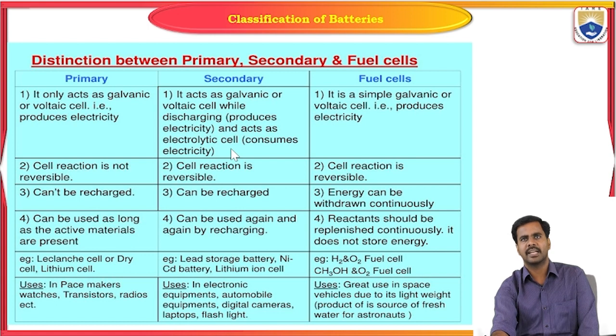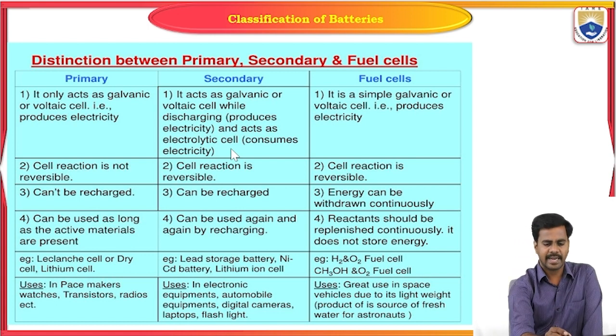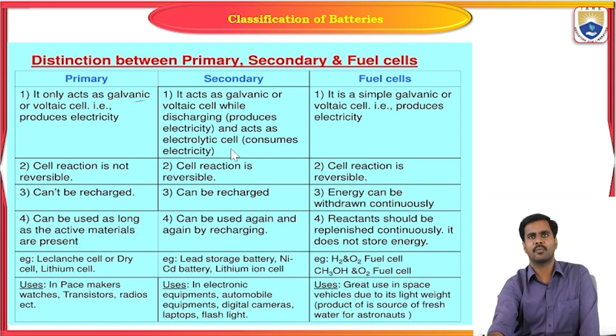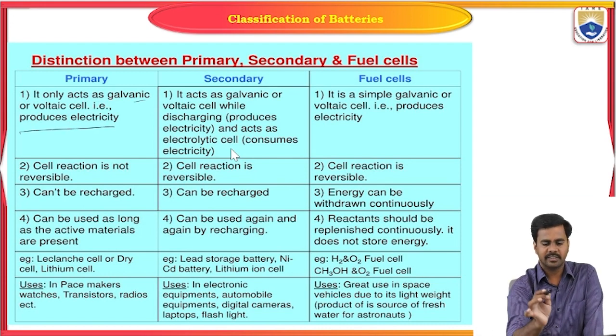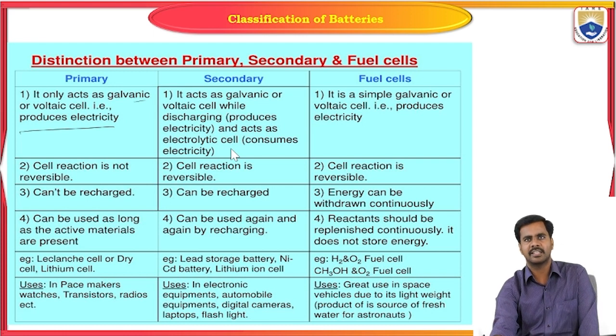Coming to the primary battery, it only acts as a galvanic or voltaic cell. That means it can convert chemical energy into electrical energy only, but not electrical energy into chemical energy.